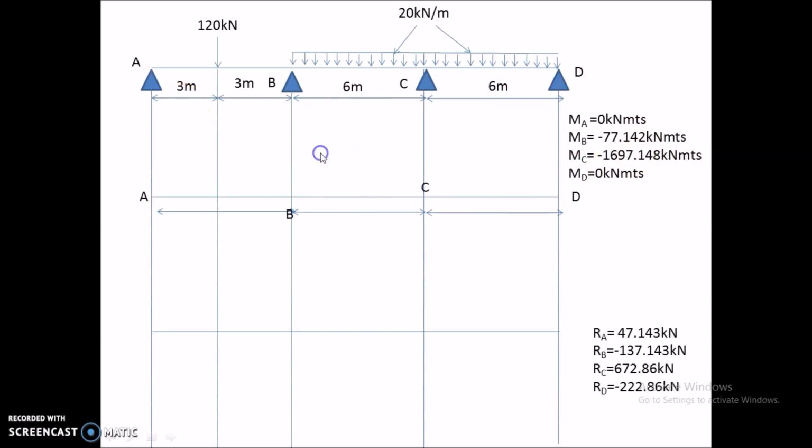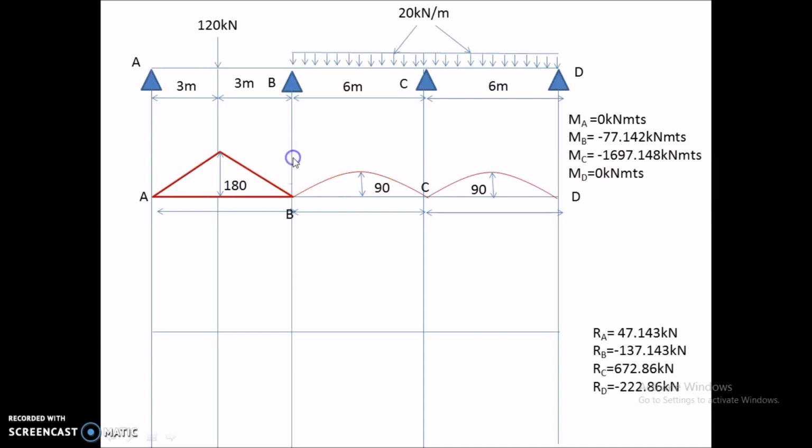So coming to bending moment diagram, this is our bending moment diagram we had already calculated in step 1. For this span AB, it is triangular shape, and the height is 180, and coming to BC and CD, it is parabolic. Now coming to the remaining part of the bending moment diagram, here the MA is 0, I have marked it 0 here, and here the MB is minus 77.142.